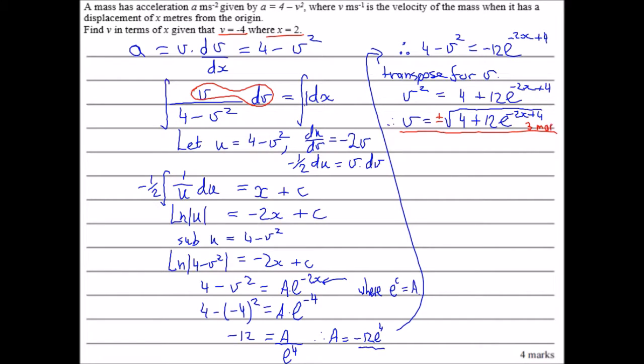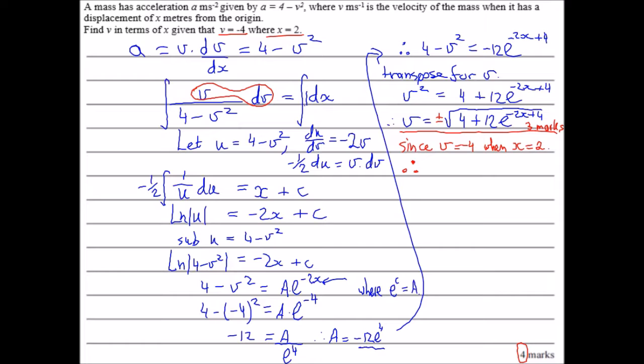Now, to get our 4th mark, we have to decide if it's going to be the positive square root or the negative square root. And we have to come back to our initial condition. Since v is equal to minus 4 when x is equal to 2, if we use that initial condition again and substitute it in, we would realize that we'll have a square root of 4 plus 12, which is square root of 16.